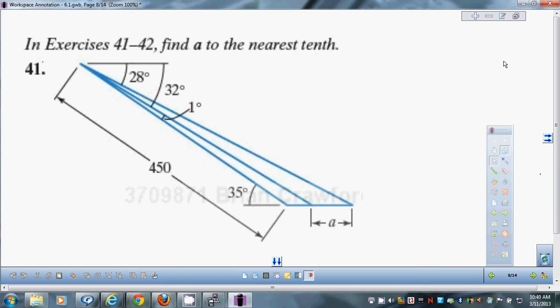So this angle right here, the one we need, is 4 degrees. Which means we're going to have sine of 4 over little a equals. However, we don't have anything else to work with. We don't have any way to finish out that law of sines.